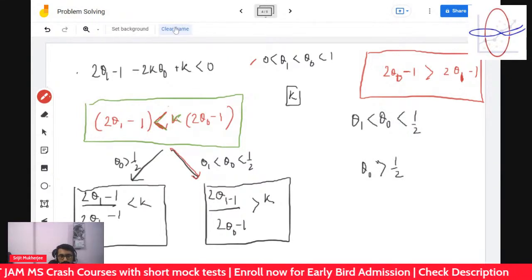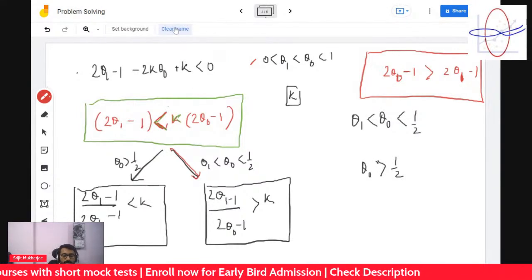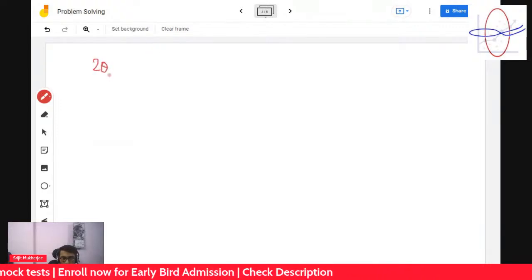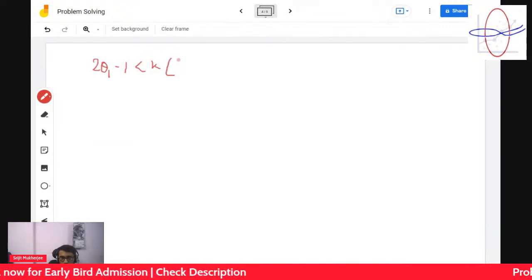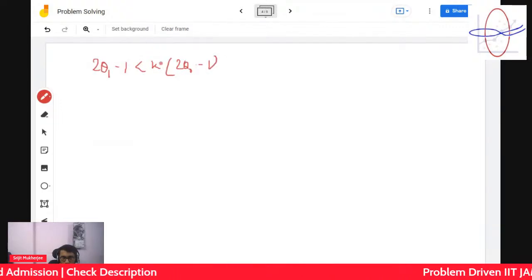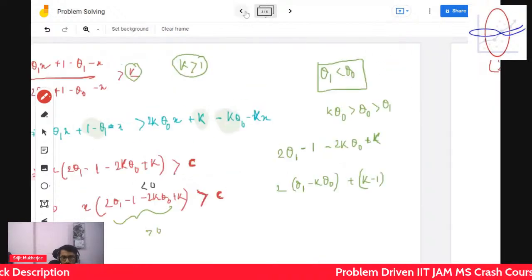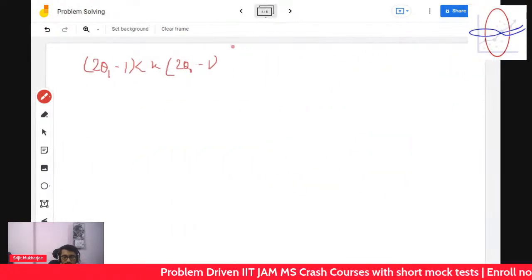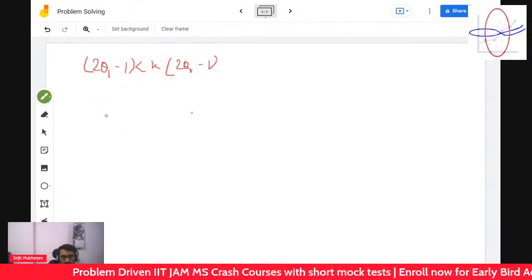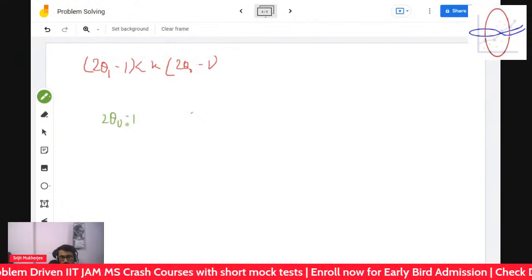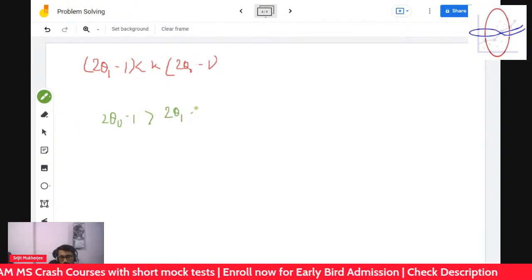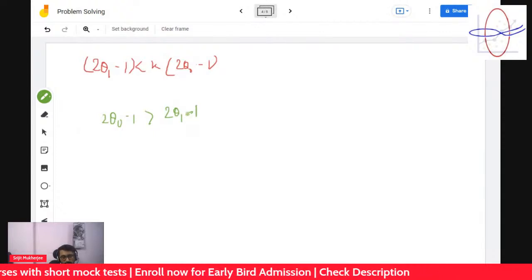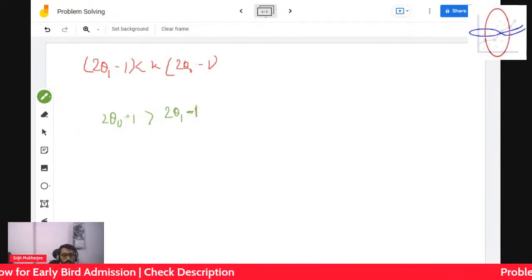So what is the final thing? The final thing is that twice theta 1 minus 1 is less than k times twice theta naught minus 1. This is coming out to be the thing, right? From this whole thing. So my question is that twice theta naught minus 1 is greater than twice theta 1 minus 1, right? So what if I tell you, no, it's actually reverse.